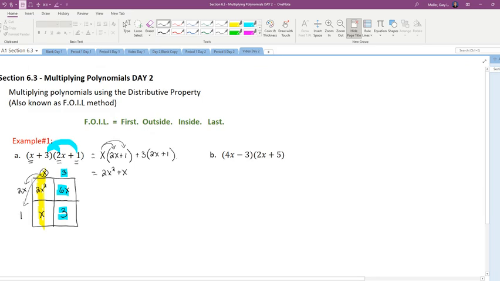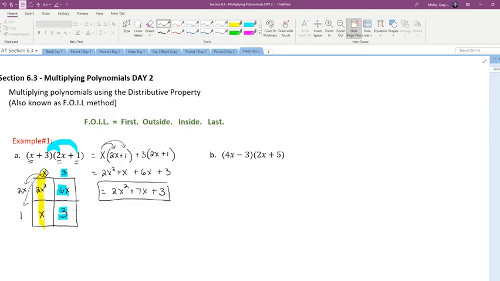So all I did in doing my table is I just organized the fact that I have to do, in this case, two distributive properties. I had to take the x times both of the second binomial and the 3 times the second binomial. 3 times 2x, I get plus 6x. Positive 3 times 1 is plus 3. I add them together, I get 2x squared plus 7x plus 3. That is the answer we would get with the area model.